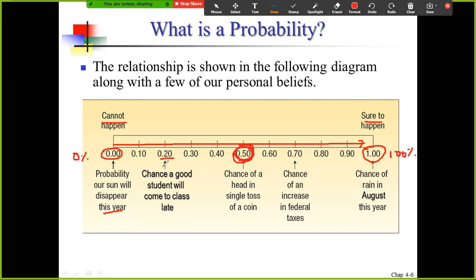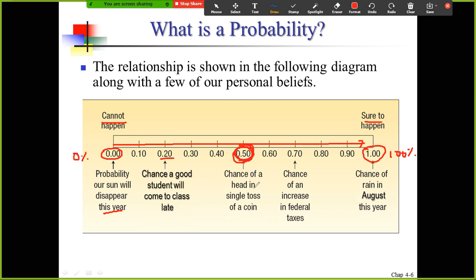A good student often comes to class on time, but there is a small chance that they come late because of some business or some emergency task. That's why I can say there is a 20% chance that a good student comes to class late.